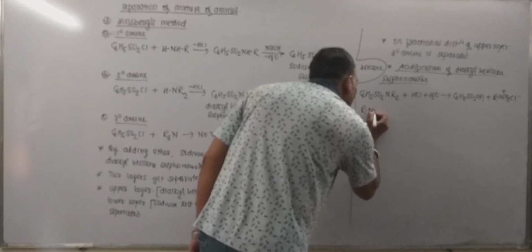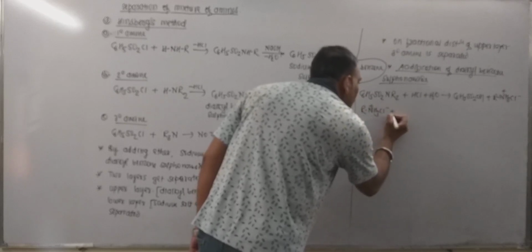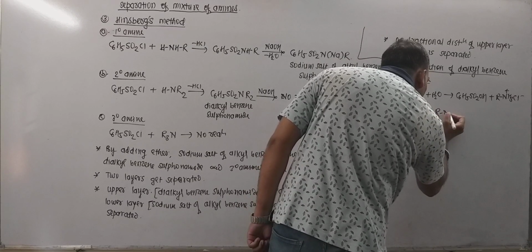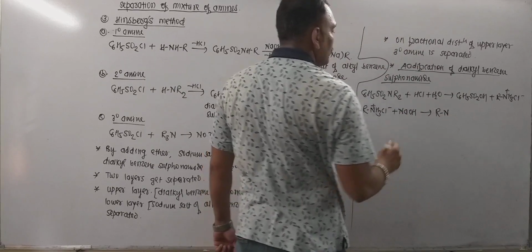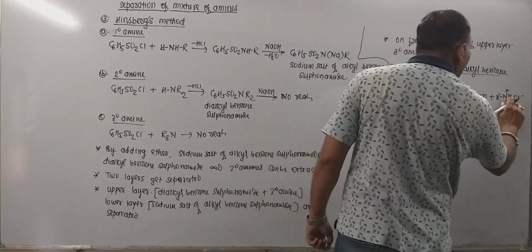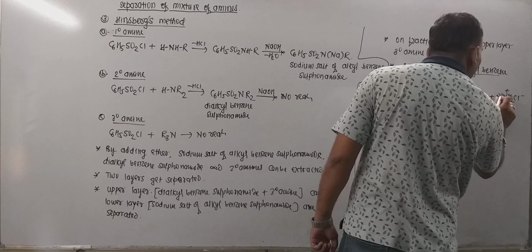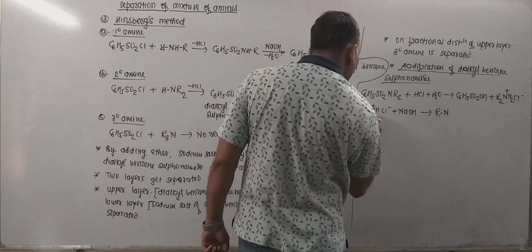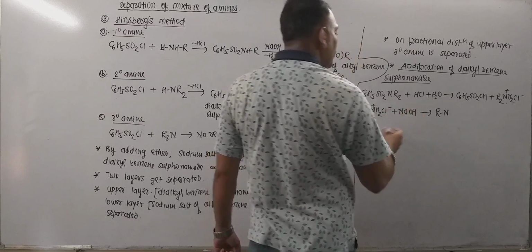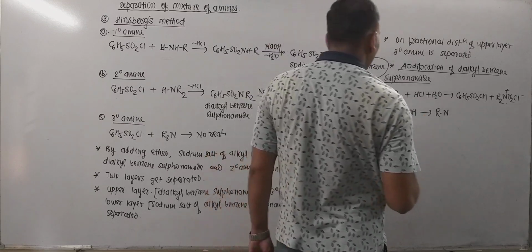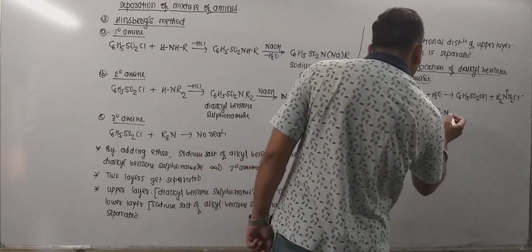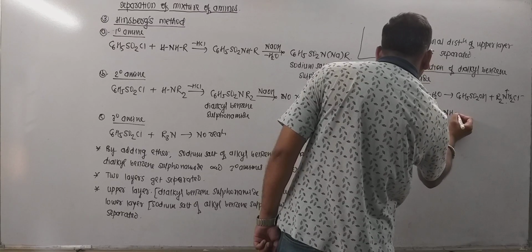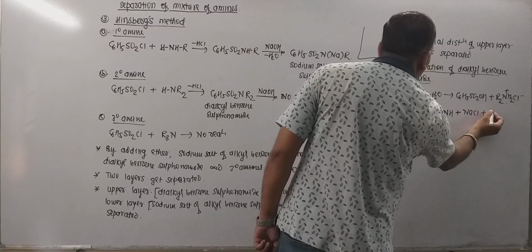Now this dialkyl ammonium chloride is to be treated with NaOH, and by doing this we get our 2 degree amine along with NaCl and water.